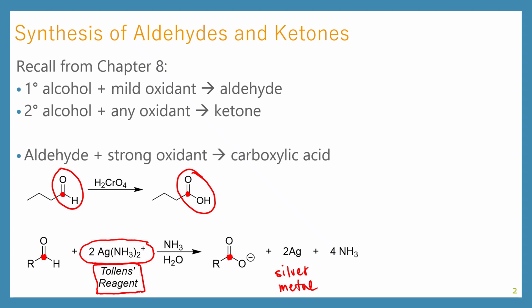What's cool about Tollens's reagent is that it's often used as a qualitative test to see if a compound contains an aldehyde functional group. Silver metal will end up depositing on the surface of your reaction and on the surface of the test tube if you are shaking it thoroughly enough, creating a mirror effect.